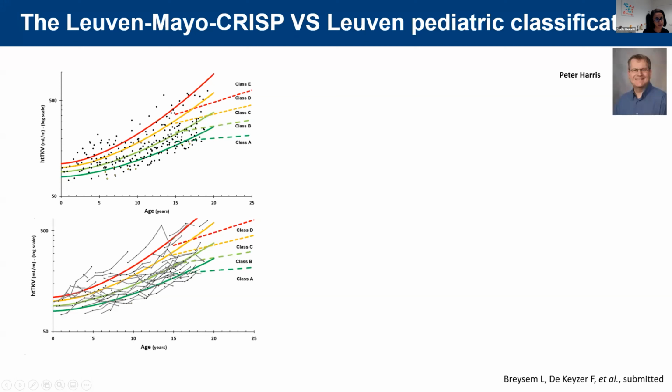And you can see here that the trajectory for each patient might sometimes overlap, however, they stay in the same category.